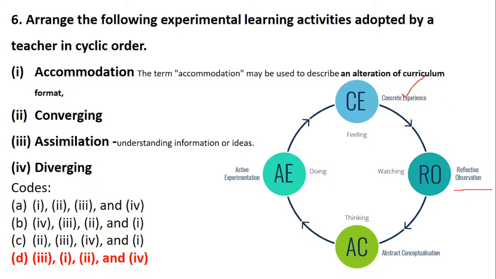Then doing the reflective observation, that is watching, accommodation you can say. Then coming to abstract conceptualization, thinking, but in one same direction, that is convergent. And then doing it, but while doing, everyone will have their own way, that is the divergent way, but they will definitely come to a conclusion.